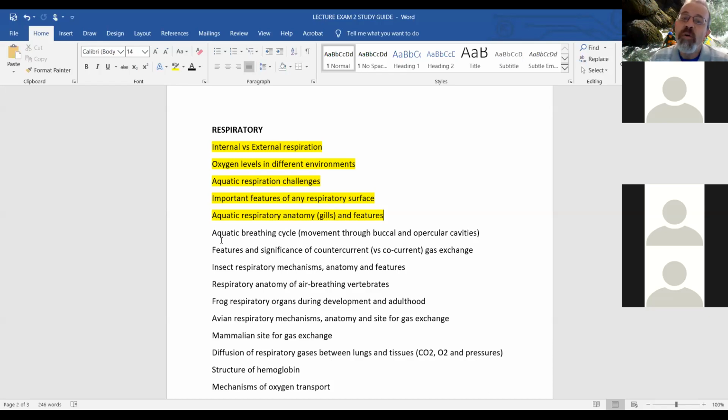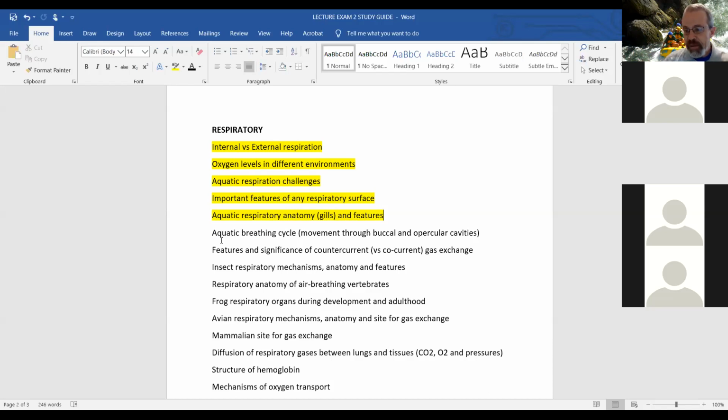Now, it's pressure driven as far as the direction of water. But what about the gas exchange? It's dependent upon what we call a countercurrent mechanism, where the movement of water opposes the movement of the blood flow.